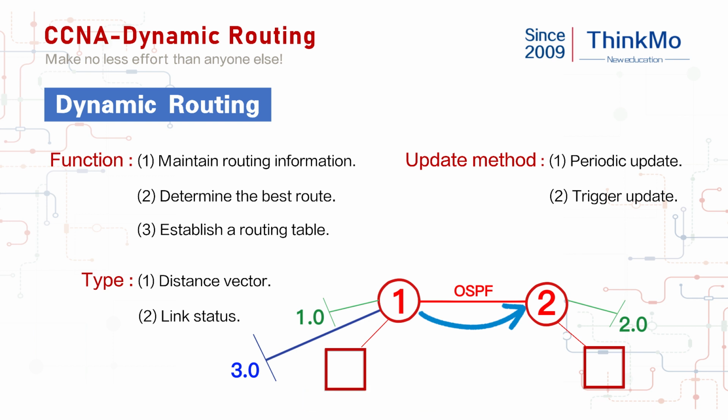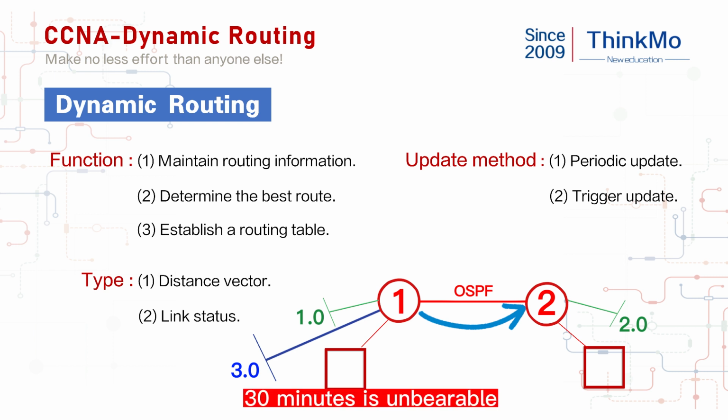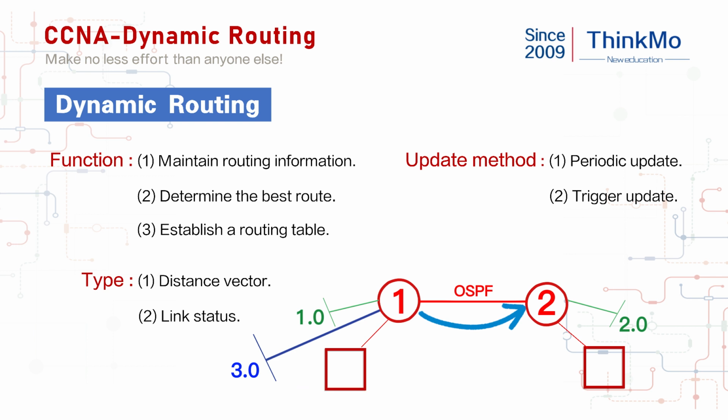After so long, I might as well enter a static route. So you will find 30 minutes is unbearable. Certainly, I just give an example. You should know 30 minutes is too long. So OSPF is definitely not like this. If it were, it wouldn't work at all.